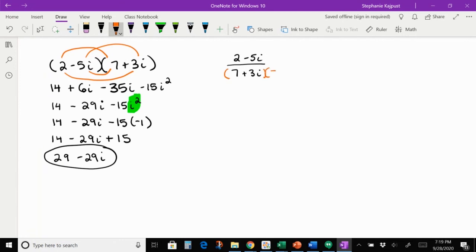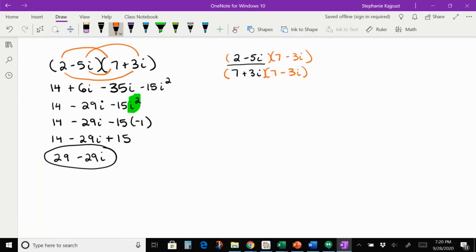So what we do is we multiply the top and the bottom by the denominator, but you change the sign of whatever your term with the i is. If it's a positive 3i, you multiply by the same thing but with a minus 3i. If it was a minus 3i, I'd be multiplying by a plus 3i. The key is you want to change the sign there.